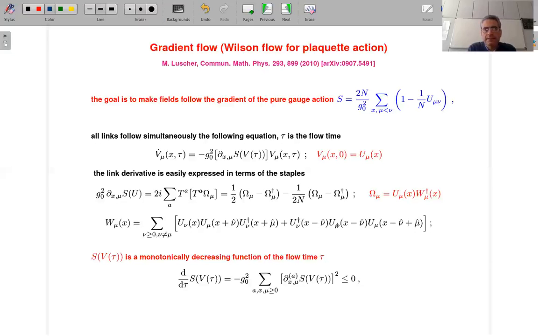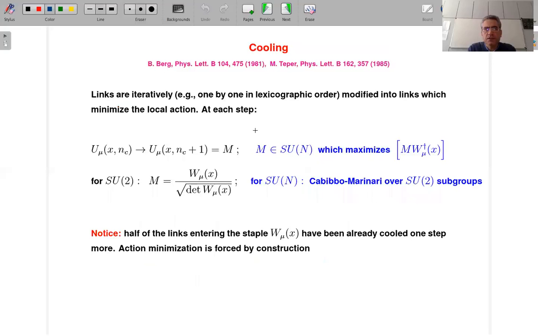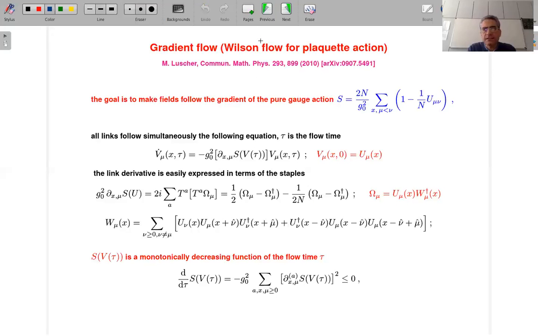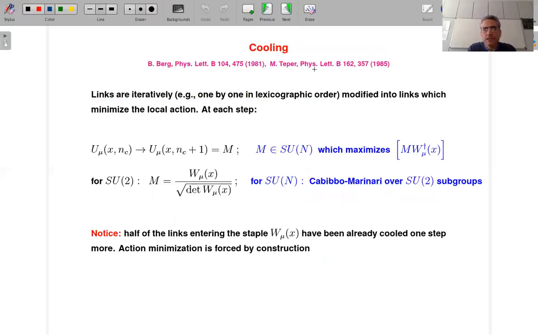Another possibility, which is in some sense equivalent. In this case you are continuously modifying the gauge fields by moving towards the minimum of the gauge action. This gradient flow has been proposed and defined for the first time around 10 years ago. There is another technique which has been proposed almost 40 years ago, which is known as cooling.